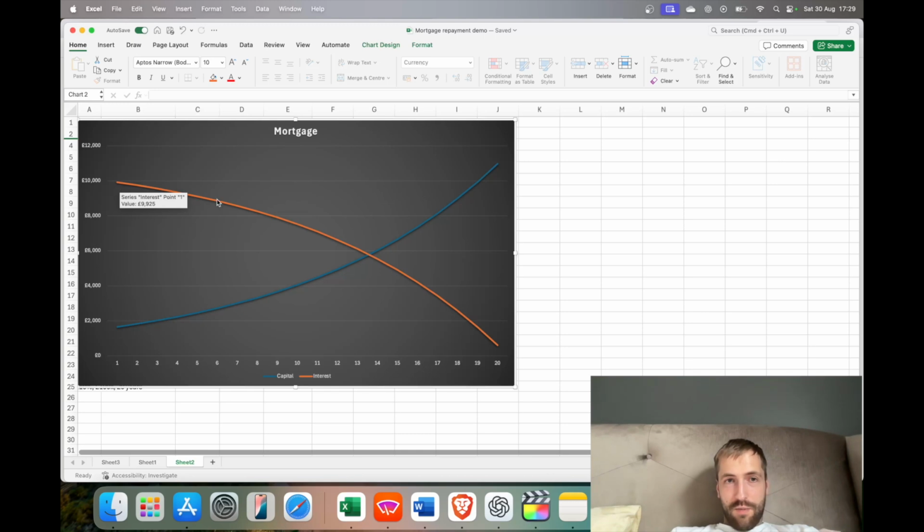So you just keep overpaying interest, and you're actually chipping very little away from the actual capital amount, that 100k that you borrowed. Most of the money you're paying is just to service that debt, which is not very good. And yeah, only at year 14 you're paying the same.